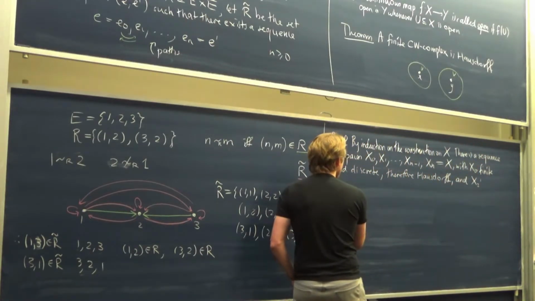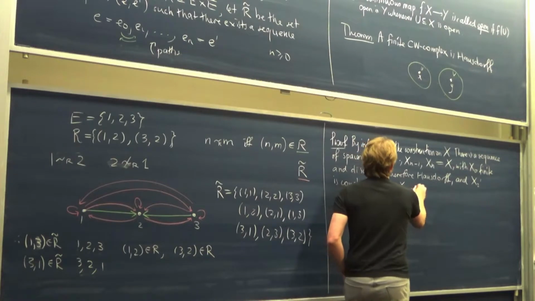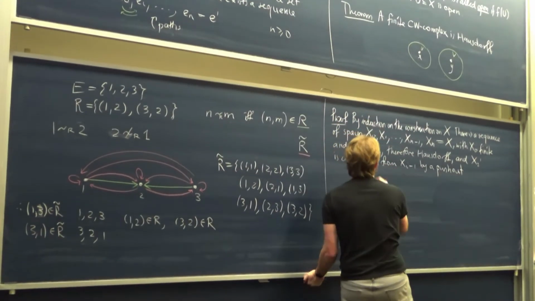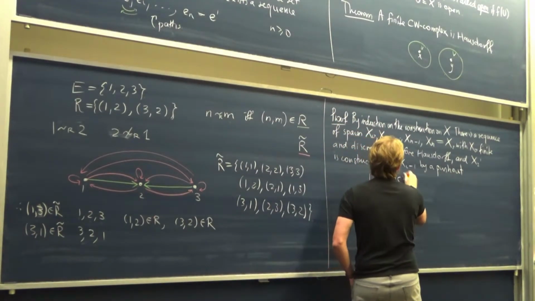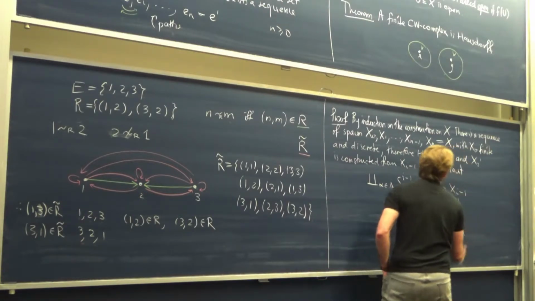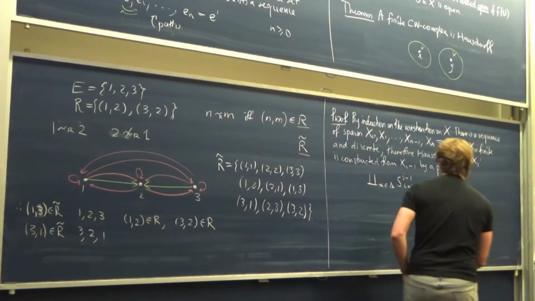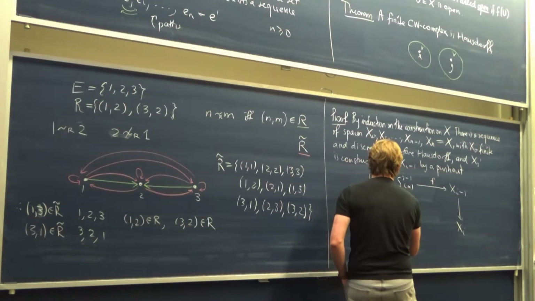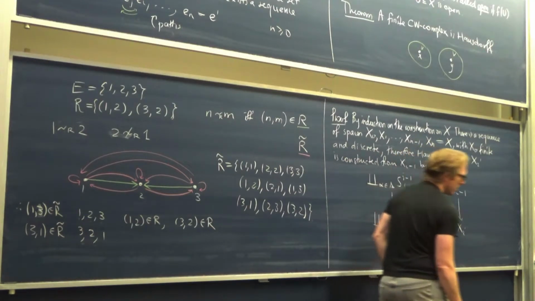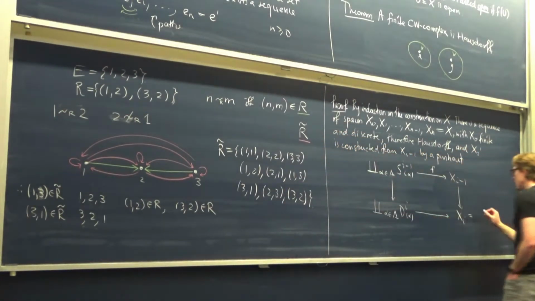And each xi for i greater than or equal to 1 is constructed from xi minus 1 by a push-out. Okay, so that is the disjoint union.